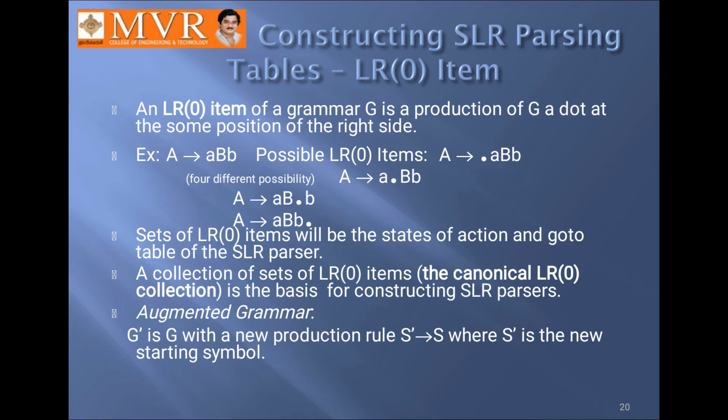A predictive parser is a recursive descent parser which has the capacity to predict which production is to be used to replace the input string. The predictive parser does not suffer from backtracking.